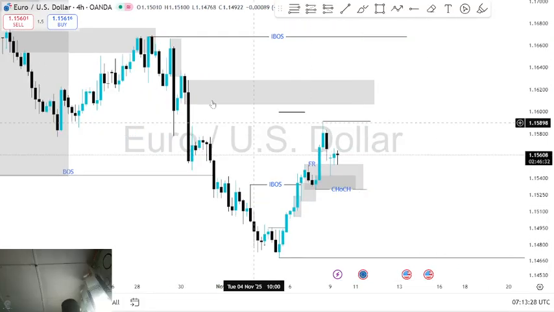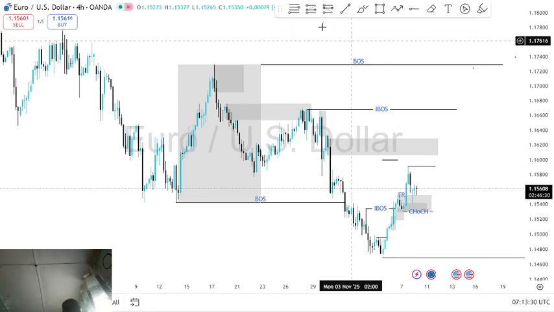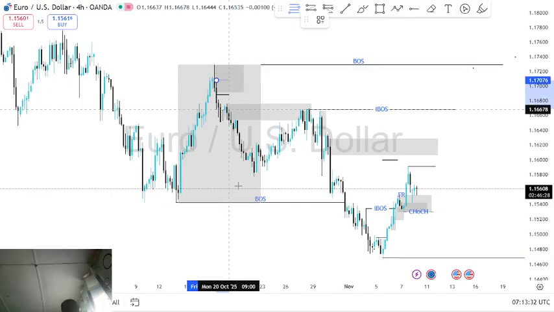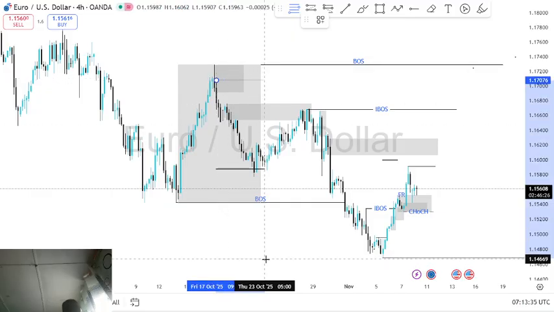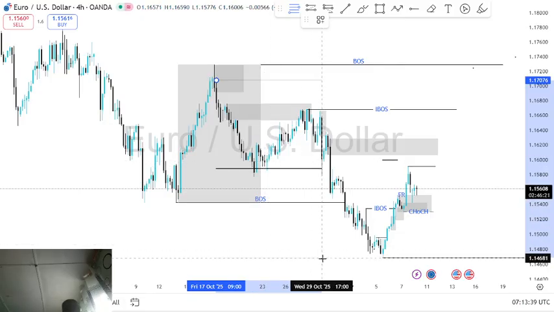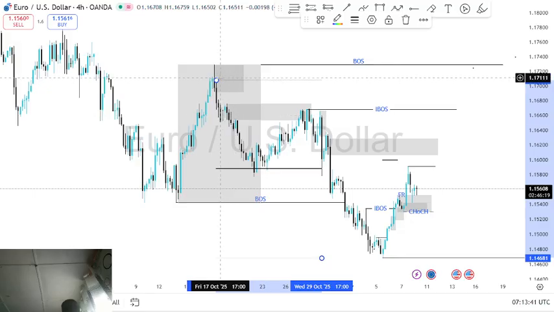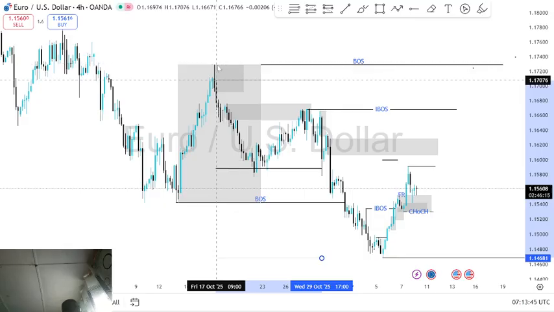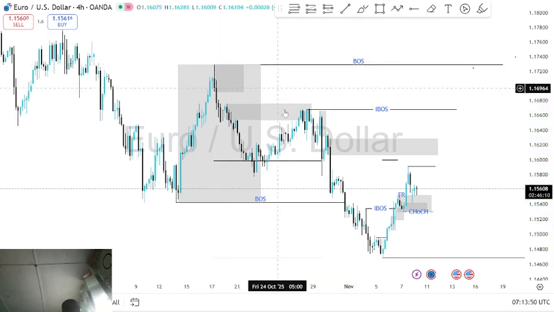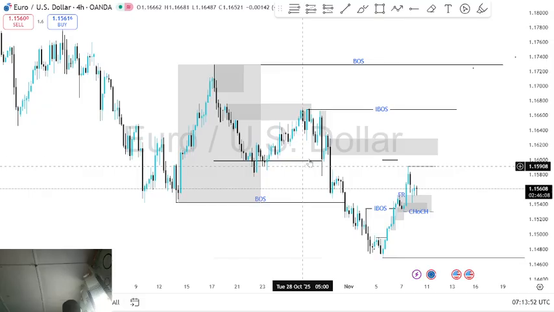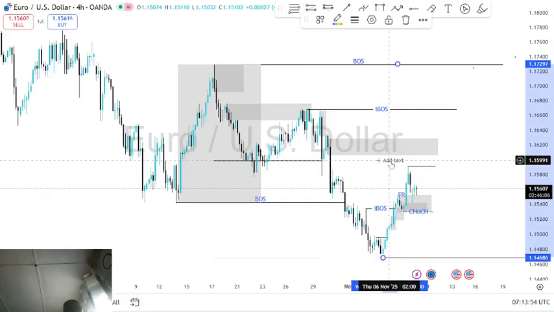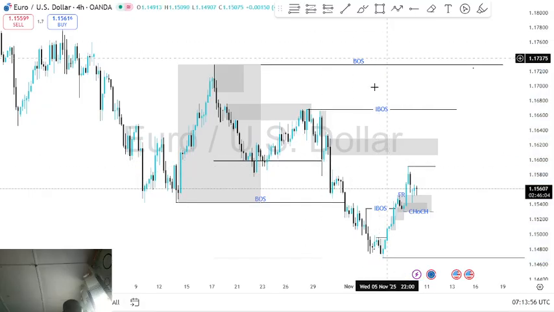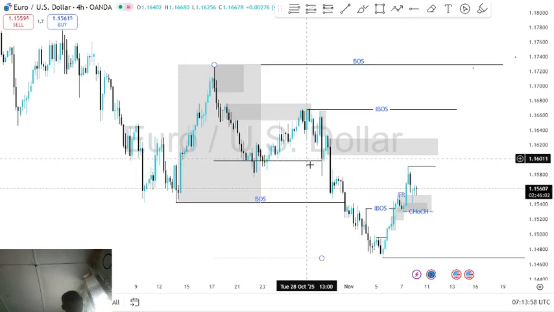So looking at this from the swing structure perspective, we are expecting pullback into where?